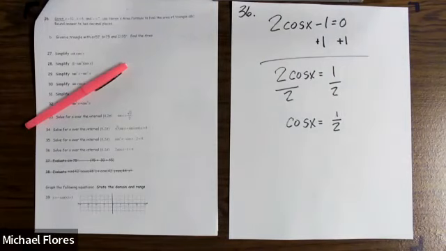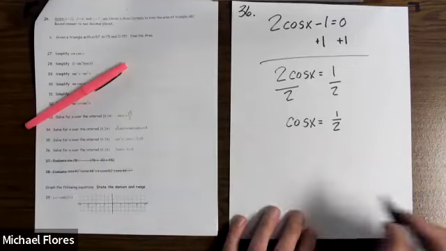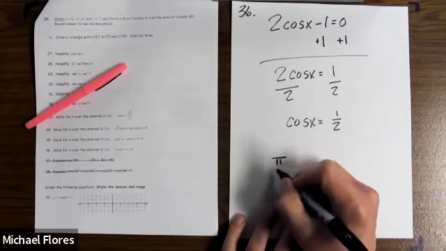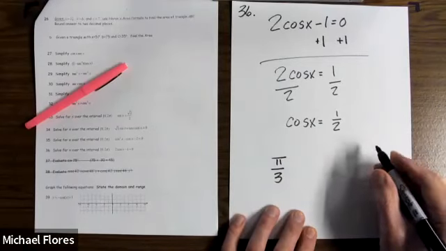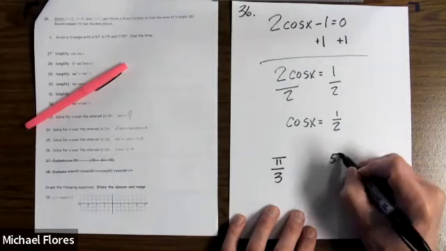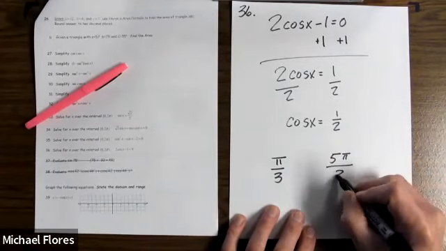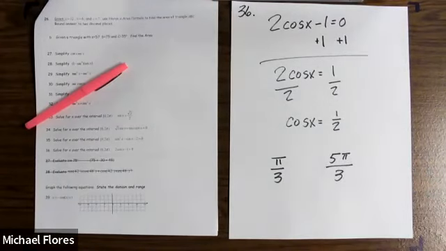Close. Flip that 9 upside down. 60 degrees. That's a 6-degree or pi over 3 family. So pi over 3, where else? 2 pi. 5 pi over 3. Very close. Pi over 3 and 5 pi over 3.